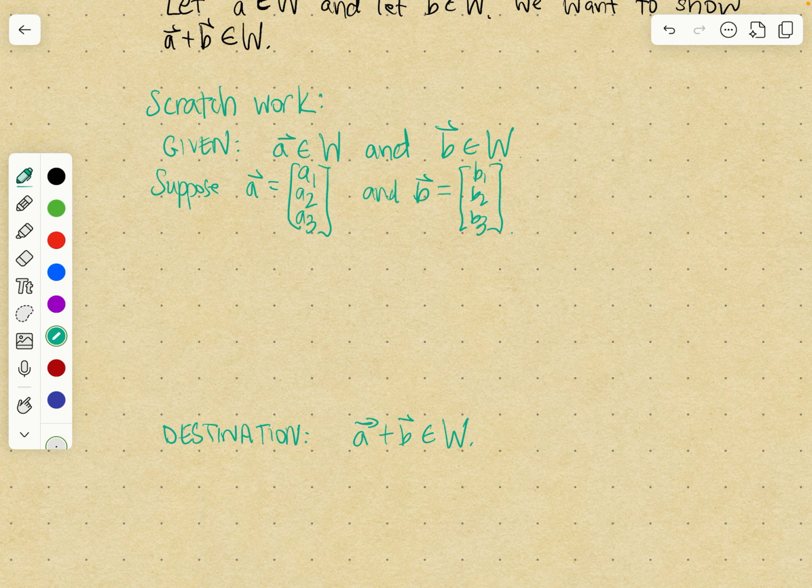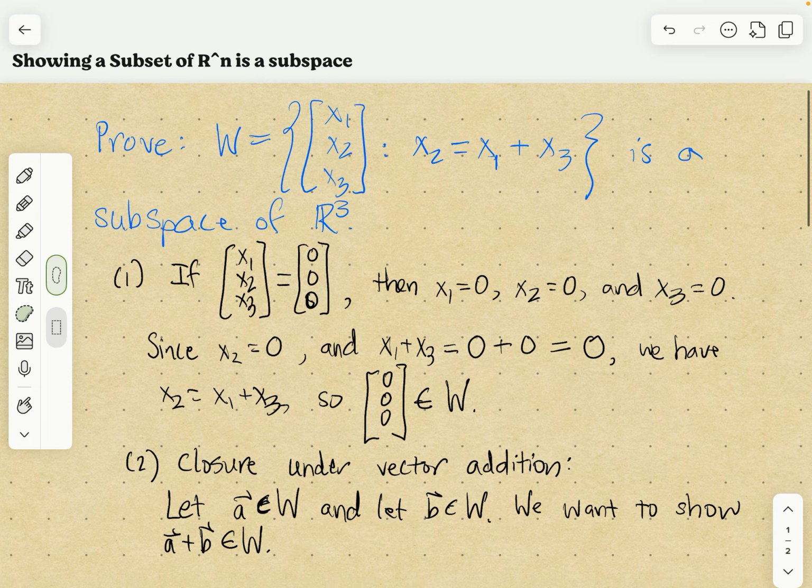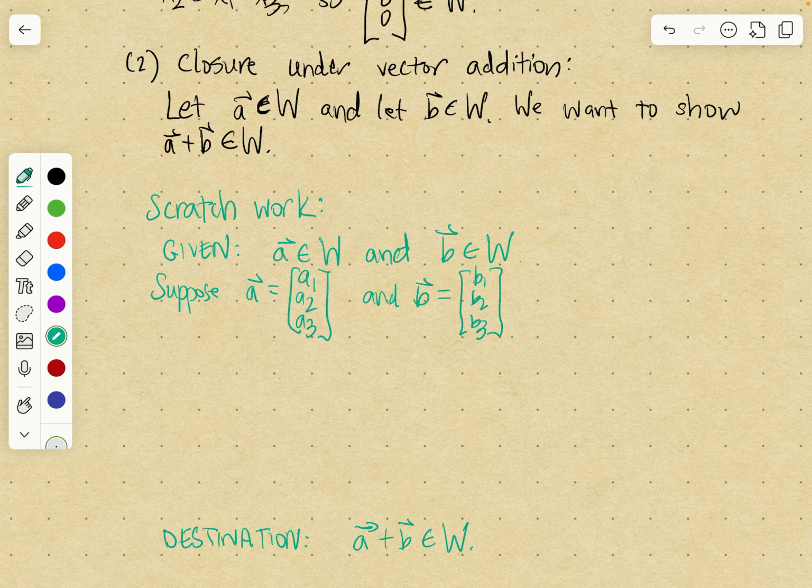Well, what does it mean for this vector, A plus B, to be an element of W? What does it mean for a vector to be in W? It means that the second component is the sum of the first and third components. Well, what are the components of A plus B? Well, that's easy. We just add them, right? So suppose that A is A1, A2, A3, and B is B1, B2, B3.